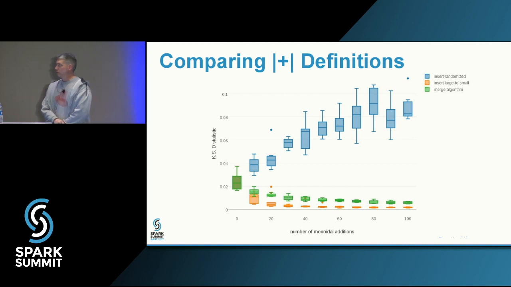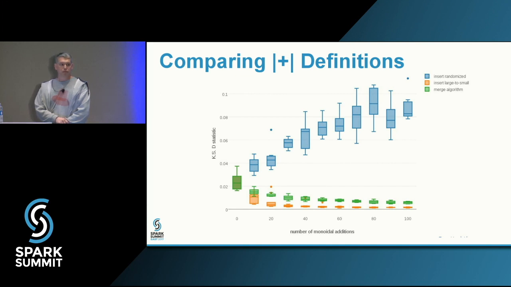So why does this matter? If you take some data and run an experiment where you know the answer, you know the distribution that your data is supposed to have, and you run a bunch of these combinations, you can track what's actually happening, how close are the results to the original distribution. And if you make the plot, you can see that the random order actually has a problem. The more of these things you combine, the worse it gets.